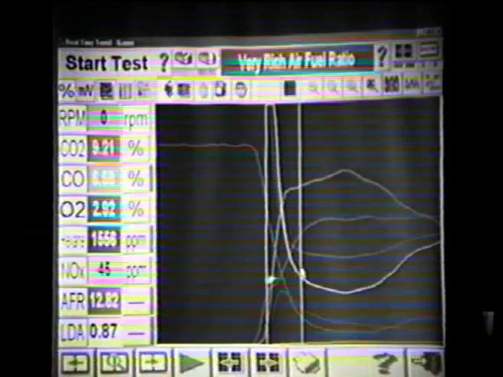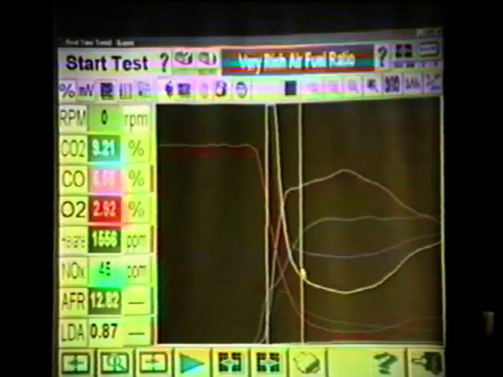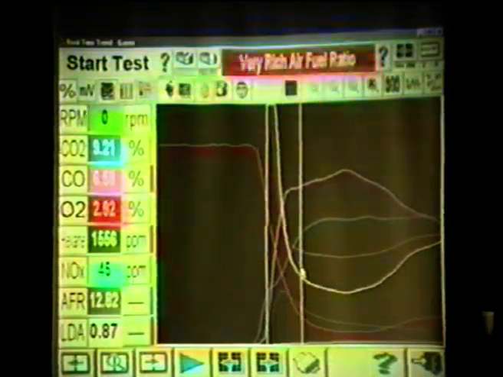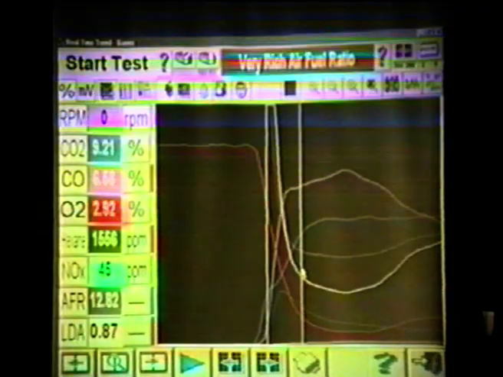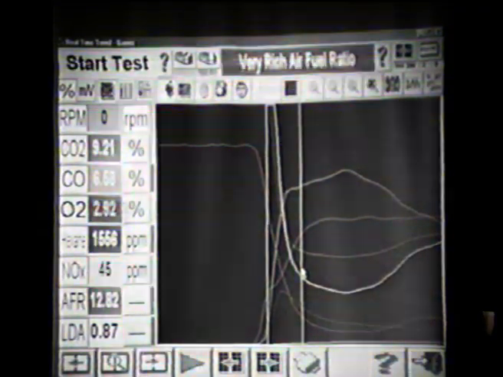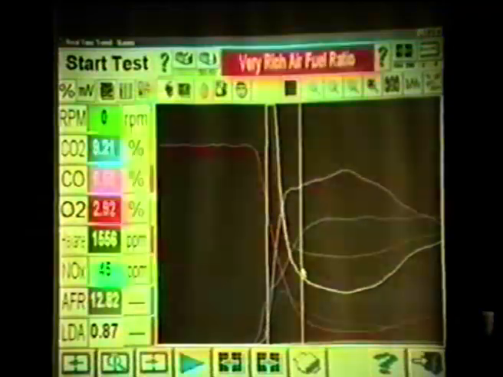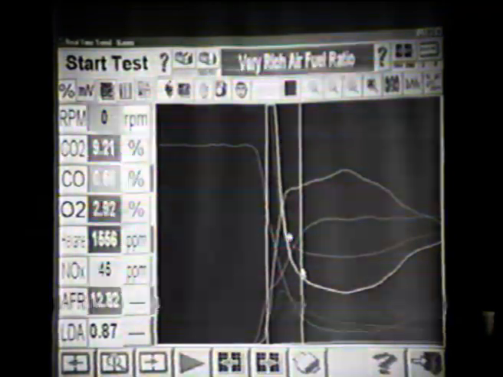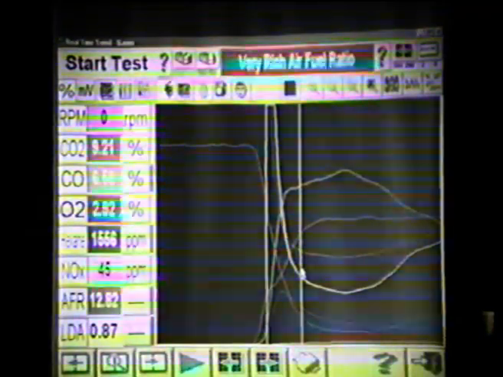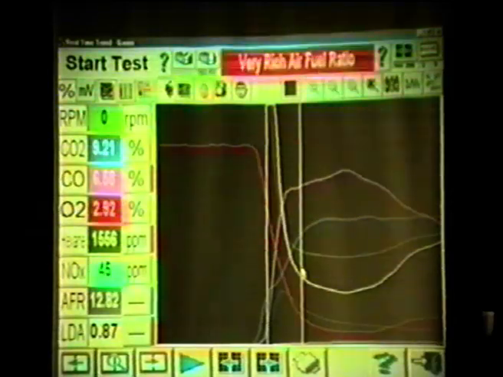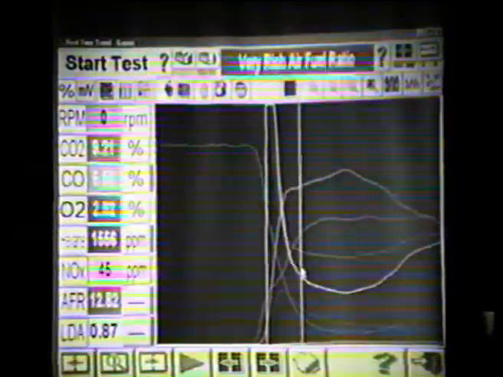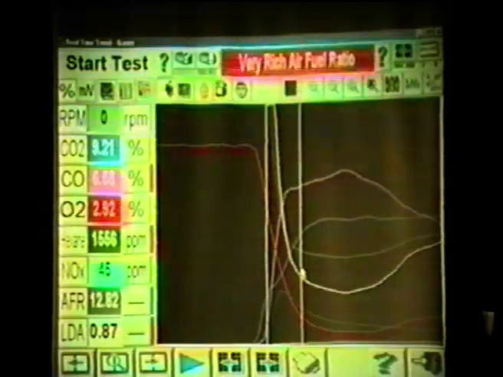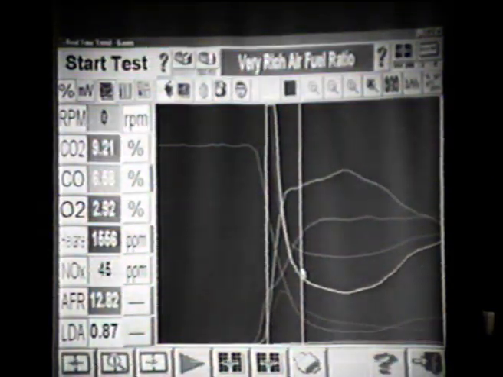We have a reasonably vertical rise. Once you establish the air-fuel ratio of 1, it's not very rich, and we also know that the engine is cold at this particular point in time.